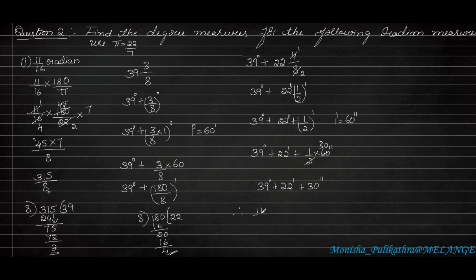Therefore 11 by 16 radian is equal to 39 degree, 22 minutes and 30 seconds, after taking out the plus symbols. So this is the way of converting radian into degree. I hope you understood this.